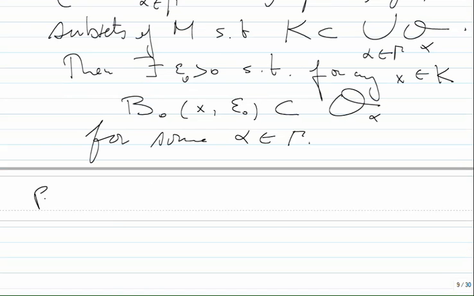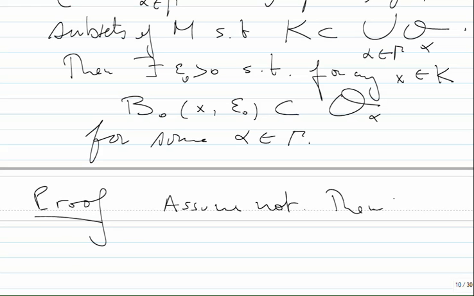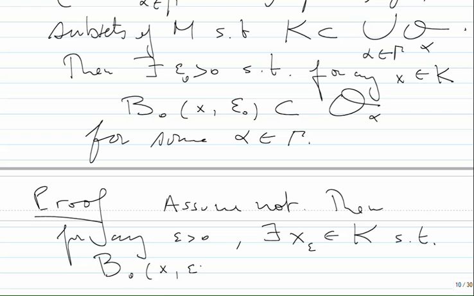Proof of this: assume not. Then for any epsilon positive, there exists x epsilon in K such that the open ball is not in O alpha for any alpha in gamma.